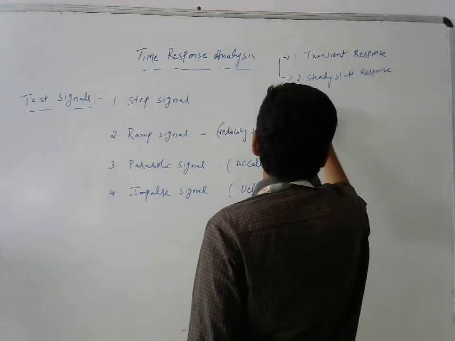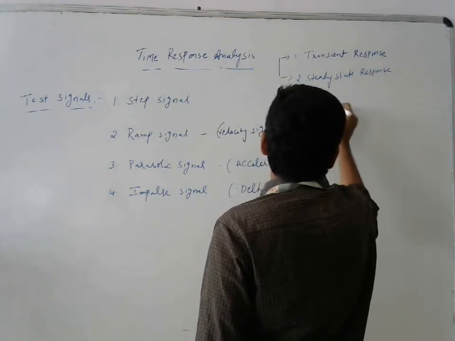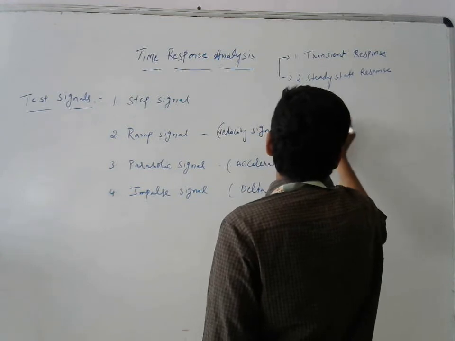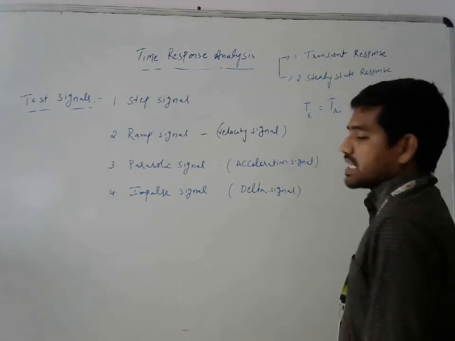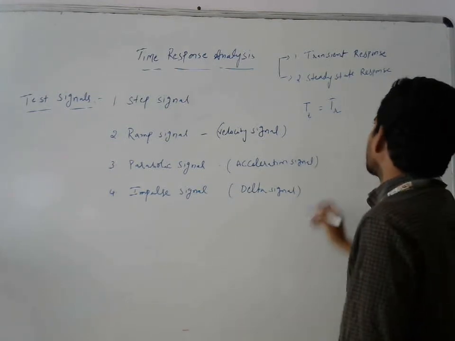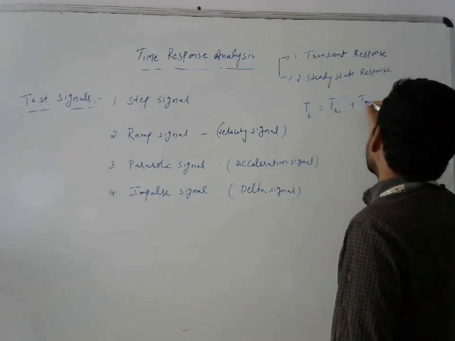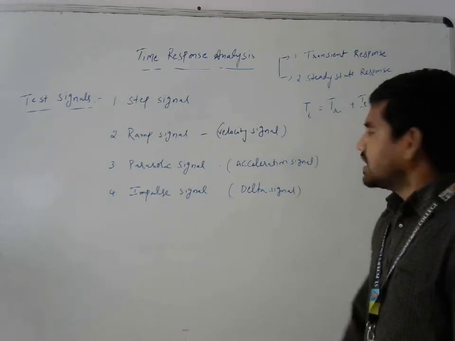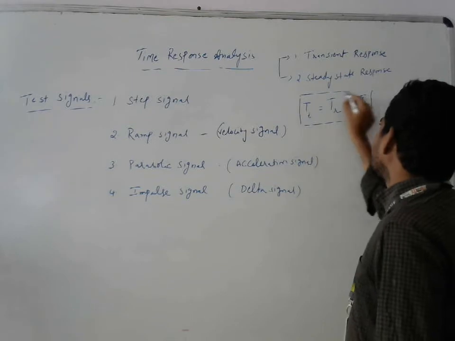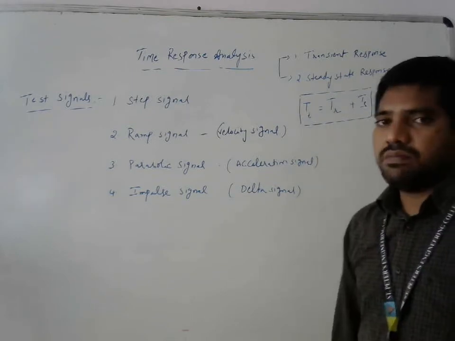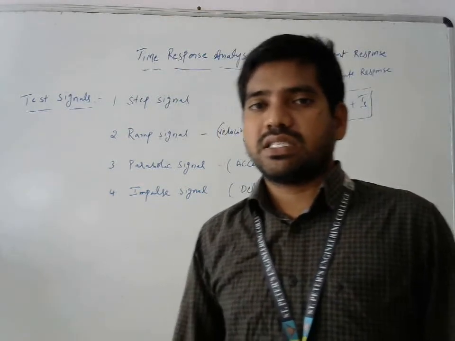So the total time response will be equal to the transient response plus the steady state response. We call this the total time response of the particular system.